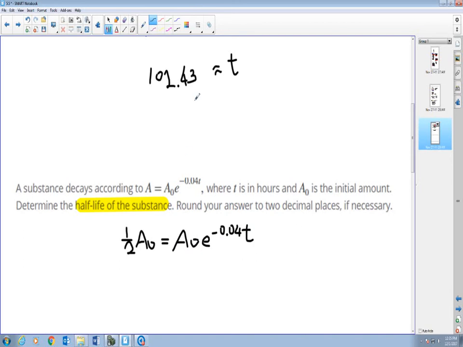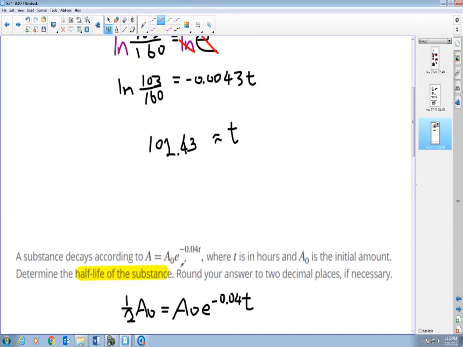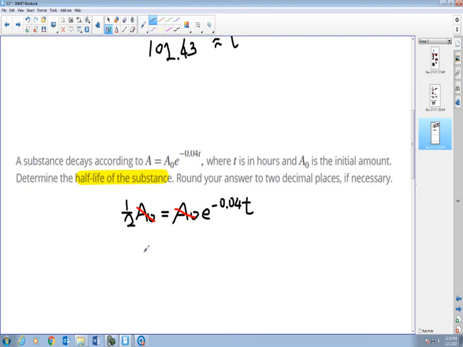Okay, so right away, the process of solving for t is the same. Divide both sides by your initial amount. So all you got now is a half equal to e to the negative kt power.